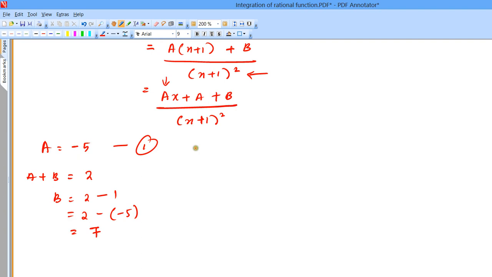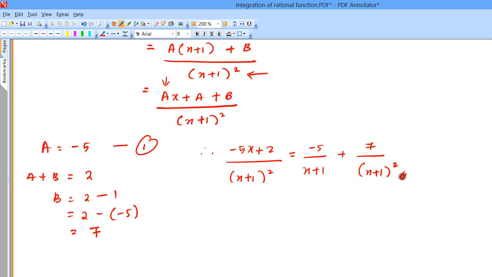So we can write our rational function negative 5x plus 2 over x plus 1 square equal to, a we have negative 5, so negative 5 over x plus 1 plus, b equal to 7, over x plus 1 square. So this is the final answer for 1 Roman.